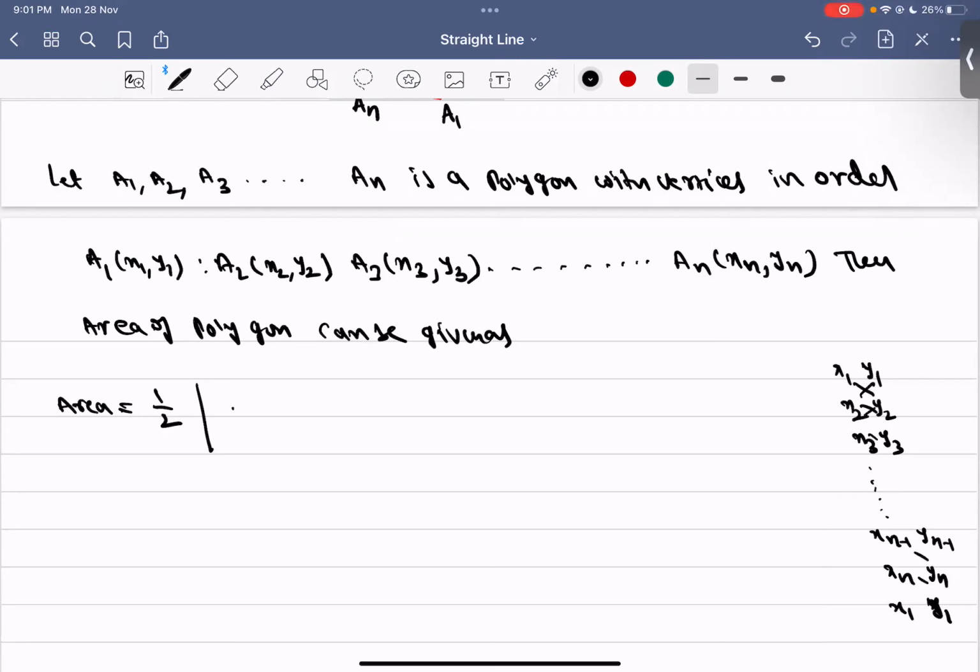So if you write it like this, the first bracket is equal to what? x1 y2 minus x2 y1.